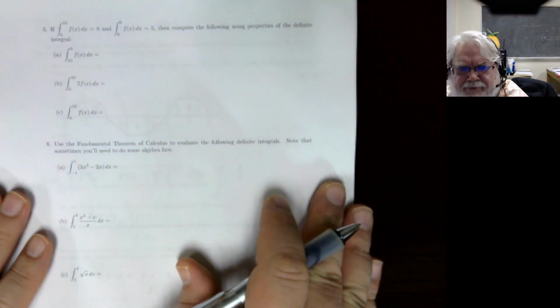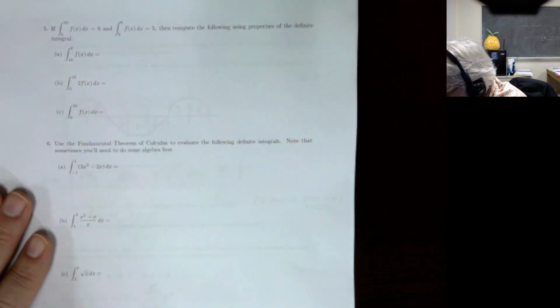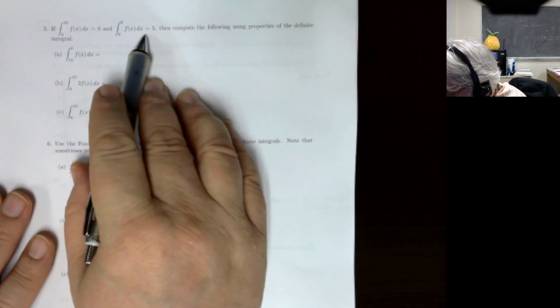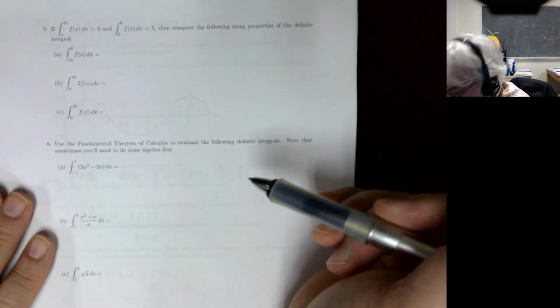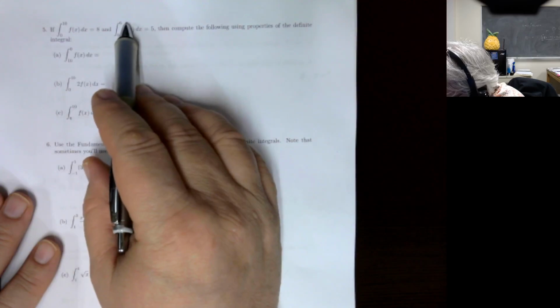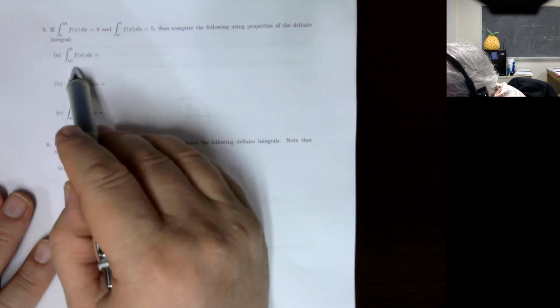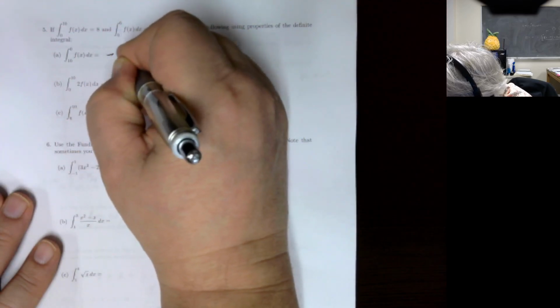And last page. Let's see. In this case, we have some numerical values, and we want to see if we can evaluate these. So this is the integral from 0 to 10 and 0 to 6. So the integral from 10 to 0 is going to be minus the integral from 0 to 10.